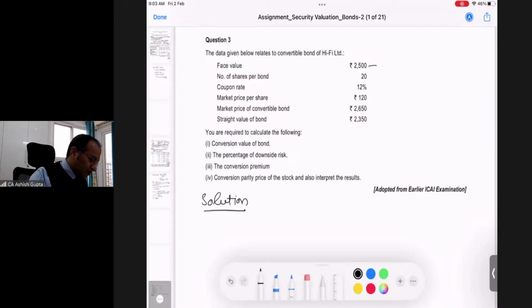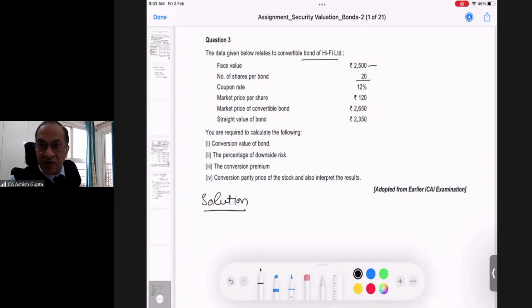The face value of the convertible bonds of Hi-Fi Limited has been given to you. The number of shares that each bond can be converted into is 20 equity shares.